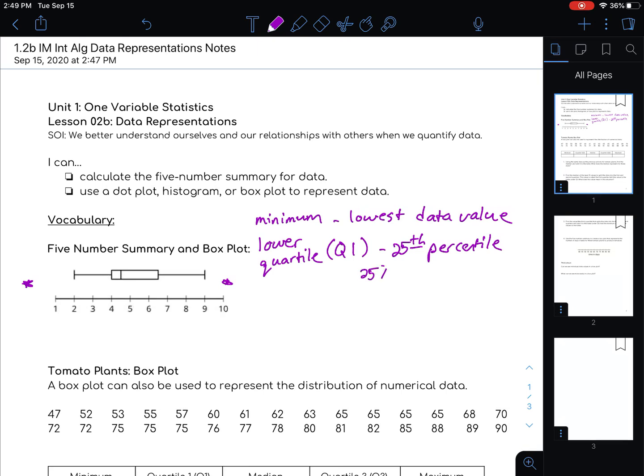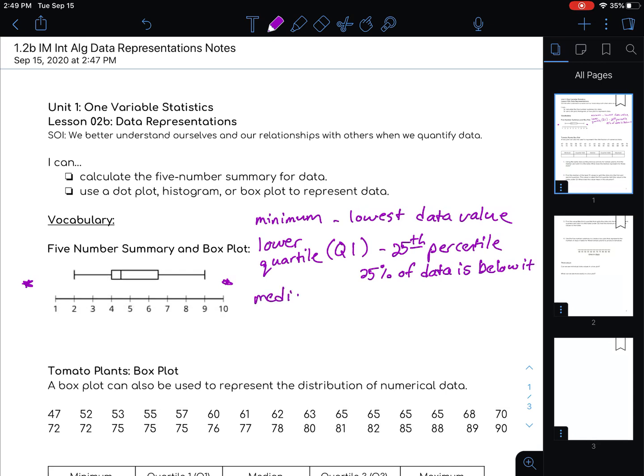And basically that means 25% of the data is below it. Okay, so 1/4 of the numbers. When we're talking about quartiles, by the way, we're talking about separating our data into fourths, because a quarter is 1/4 of a dollar, right? Quart means 1/4, quarter. So lower quartile.